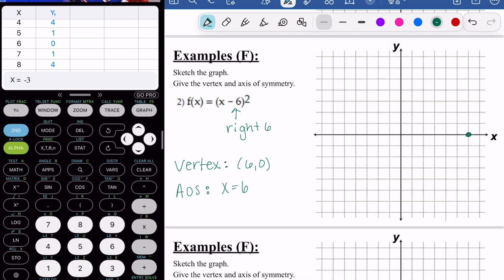I'm going to find my vertex, and then I'm going to get some points around it. So 7, 1. It's a good one. 6, 0 I've got. 5, 1. 4, 4. I know that 8, 4 is off, but I can still kind of graph it to give me an idea. And then I can connect these.